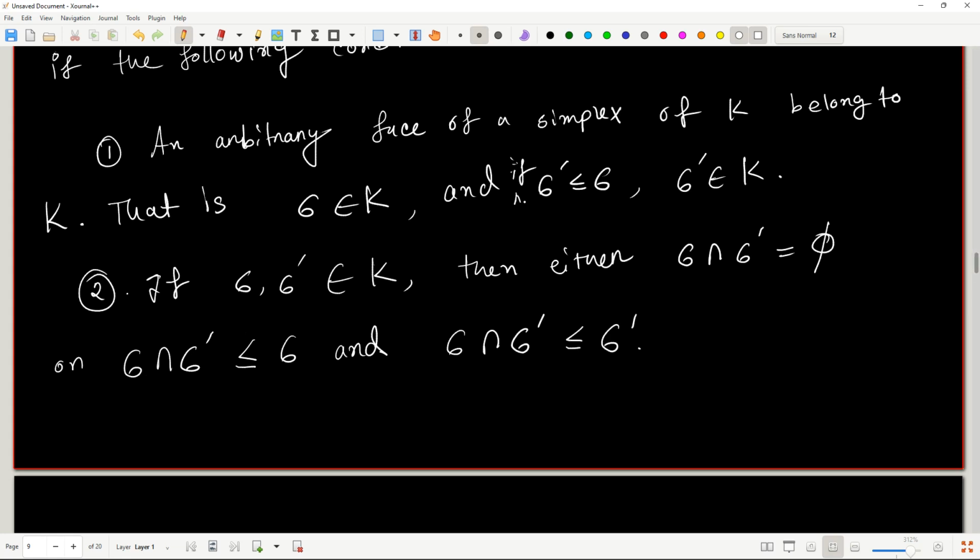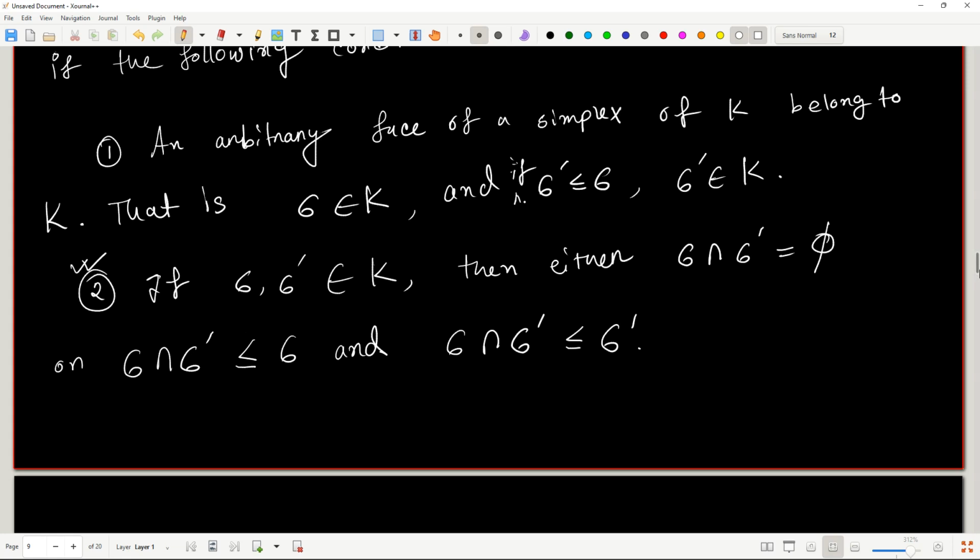So what does this mean? This condition looks a bit weird mathematically, but let me give you an example. The first condition is pretty easy to see, but the second condition says that if I have two faces that are part of a simplicial complex, then either their intersection is null or their intersection is a face of each of them.